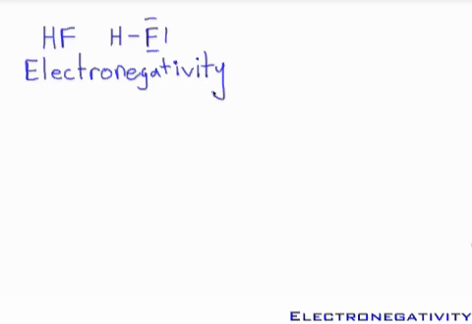Electronegativity. What is electronegativity? It's a measure of the electron attracting power of an atom. Of course, I won't be able to fit this. Ran out of space.